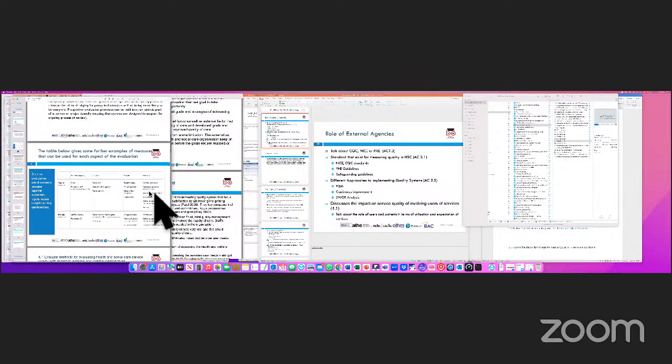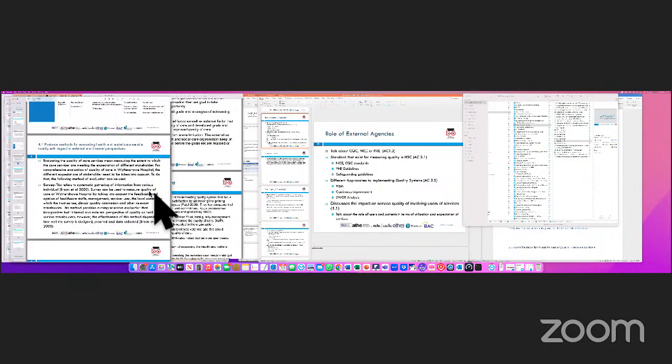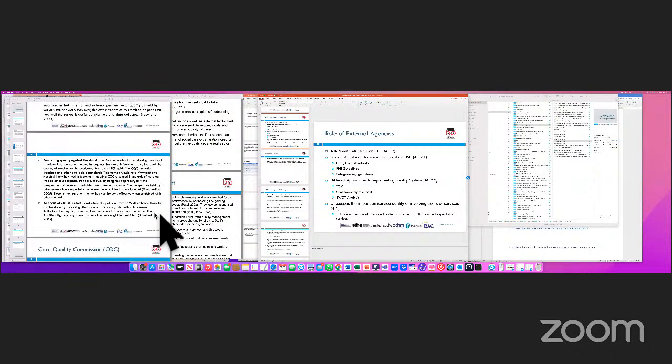If you recall, we use surveys, questionnaires and evaluating standards as tools and techniques to measure the service and quality of service being delivered to patients.